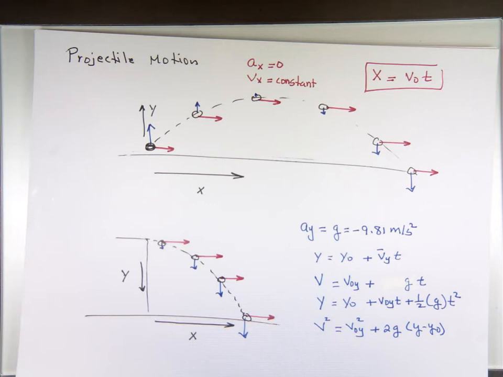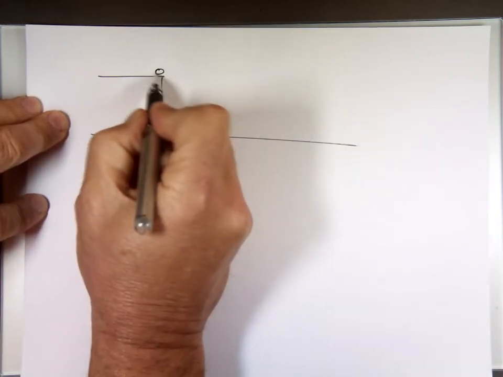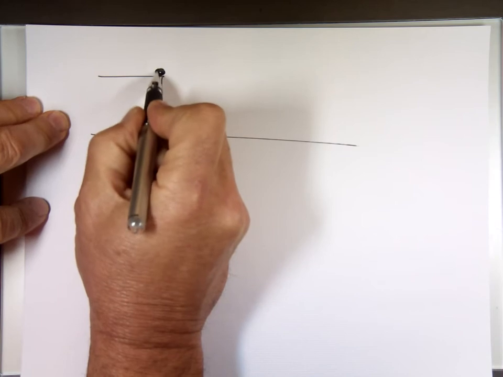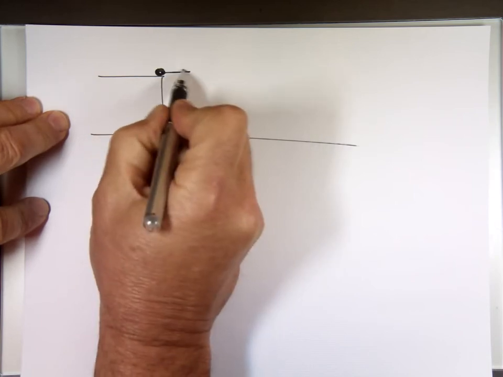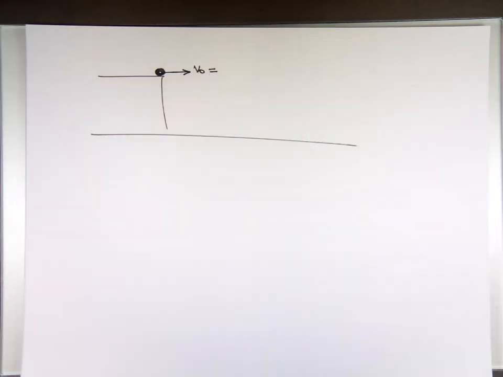So how do we figure out where it's going to land? Let's take an example. We have a table that's horizontal. There's my table. There's a tennis ball, actually. I'm going to push that tennis ball with initial velocity to the right. And let's choose a number. How fast do you want it to go?